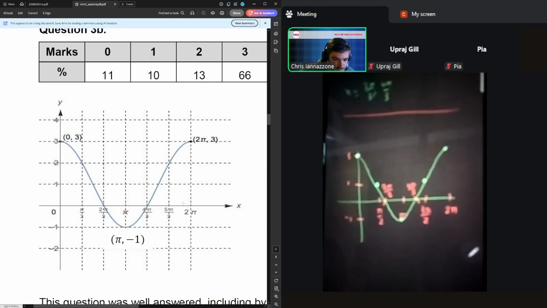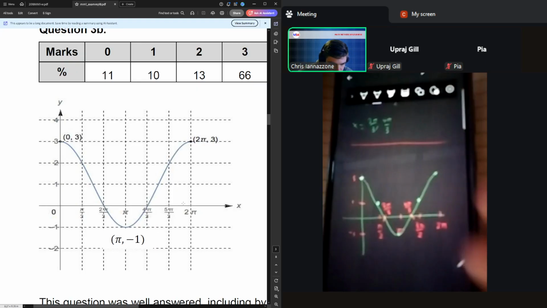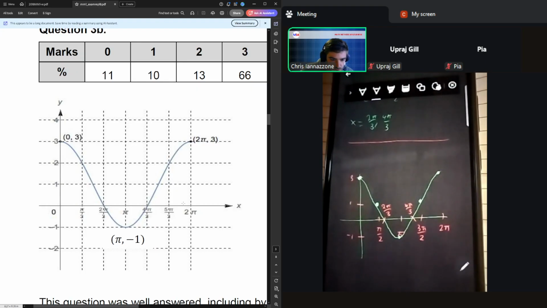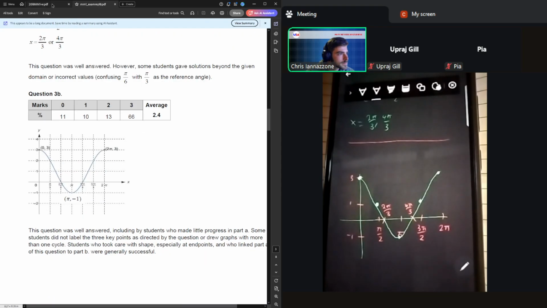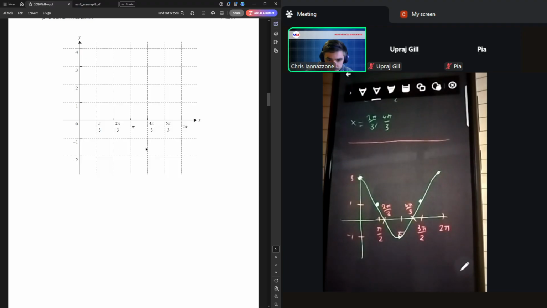You would do your full period 0 to 2 pi, split it up into 4 bits. Cos starts at peak, and then dot everything out. And because we've already solved the x-intercepts from before by letting y equal 0, we can just borrow those from earlier. Cool. And obviously you would label it, but I did not label mine.